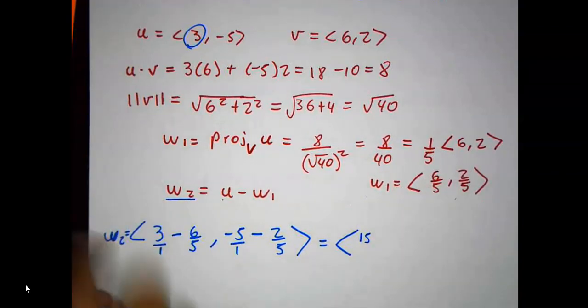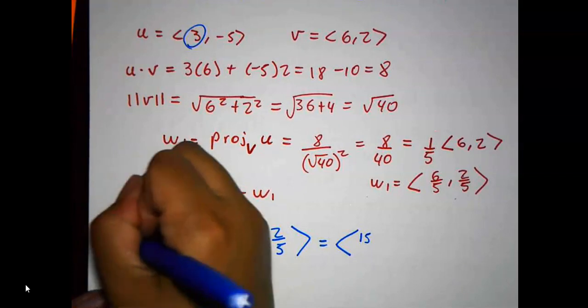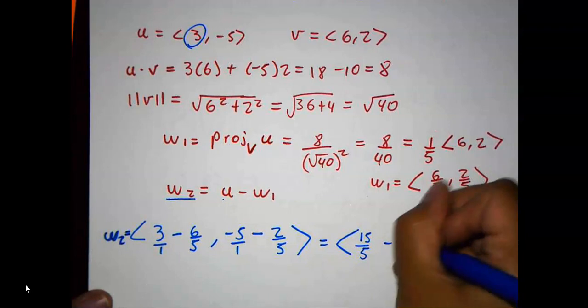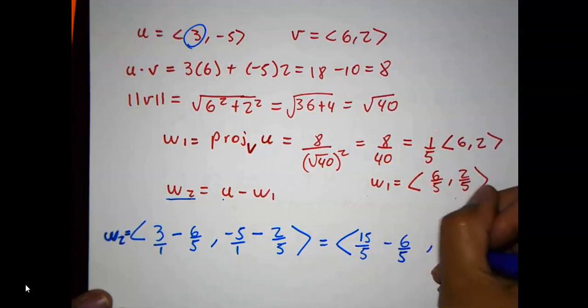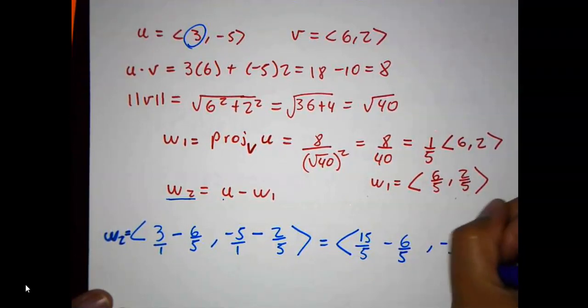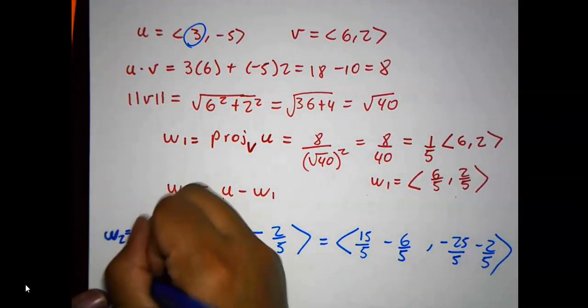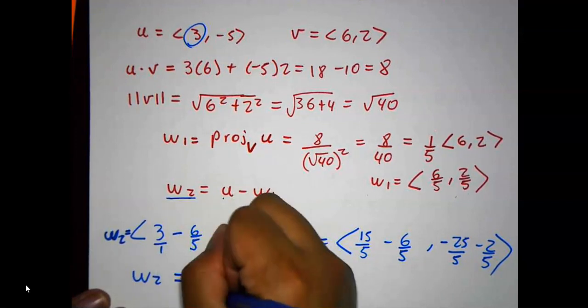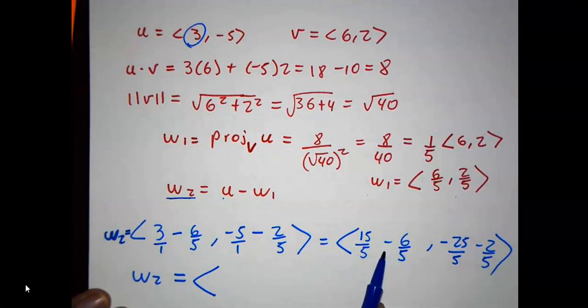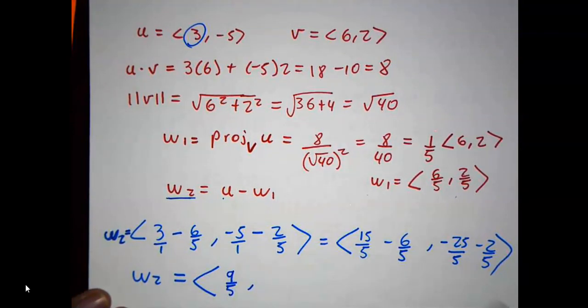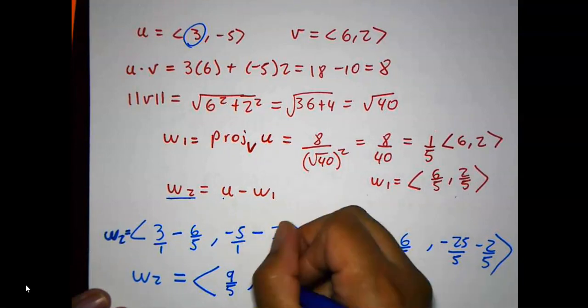W2 equals 15 over 5 minus 6 over 5, comma, -25 over 5 minus 2 over 5. So then W2 equals 15 minus 6, which is 9/5, comma, -25 minus 2.